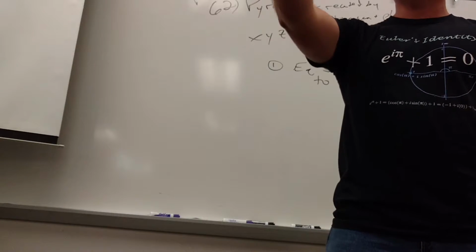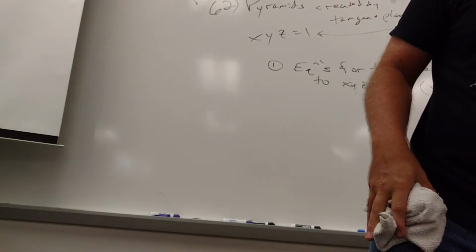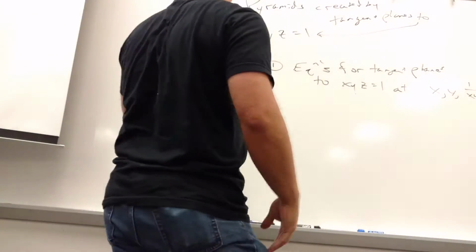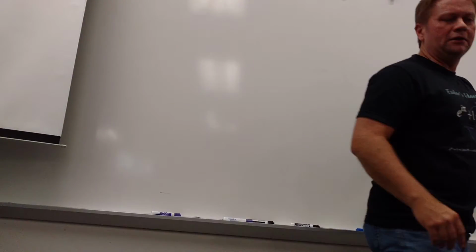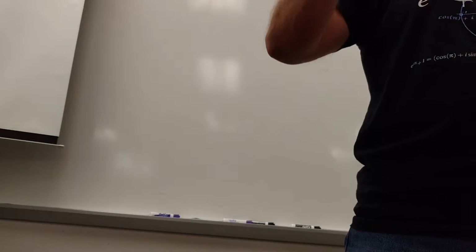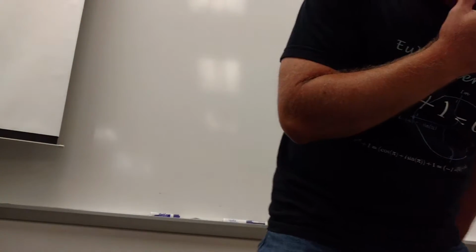Which one was it, Jesse? 58. Oh yeah. This sounds neat. Any problem that starts with show that every, I remember that feeling. Show that every normal line. Okay, first off, what the hell's a normal line?